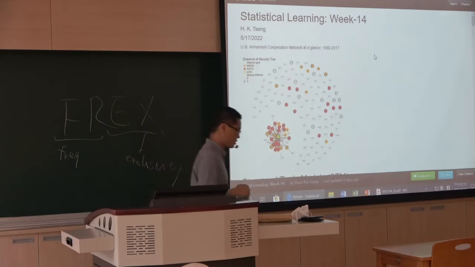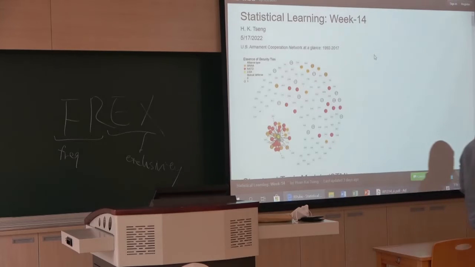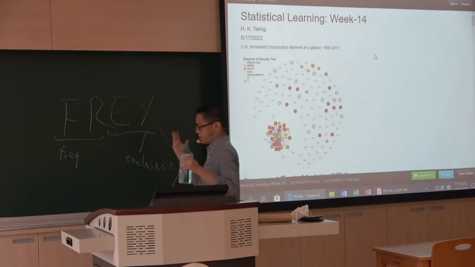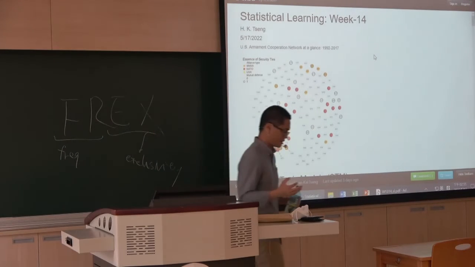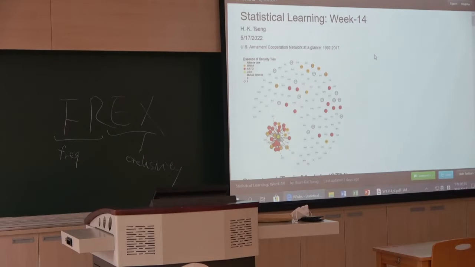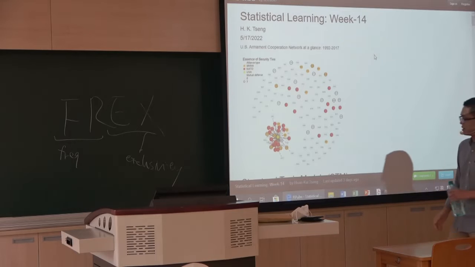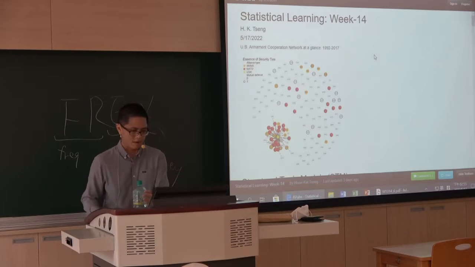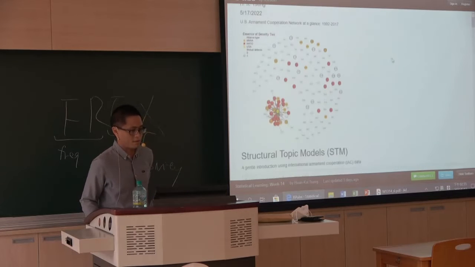Here I want to use my example from my recent work about international armament collaboration. We have all witnessed the Russo-Ukrainian conflict, which I used as an exercise throughout the semester, and you see that there are a bunch of weapons being used, right? And among those fancy high-tech weaponry, we can actually see some collaboration patterns.